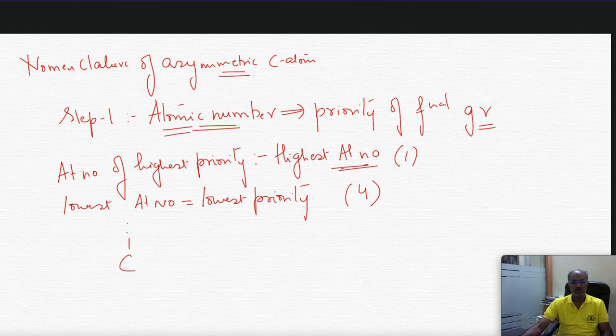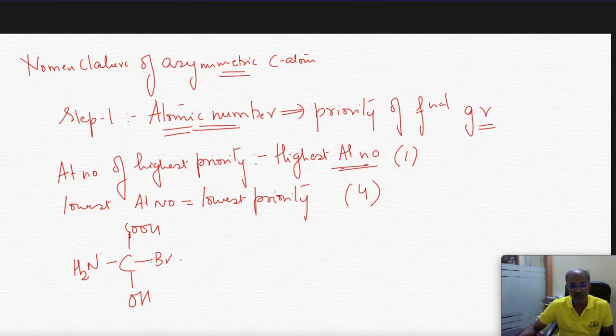Suppose this is CHO and this is OH. This is Br and this is NH2. As per the priority, this one is directly bonded to a carbon atom, but this one is directly bonded to Br, which has the highest atomic number.